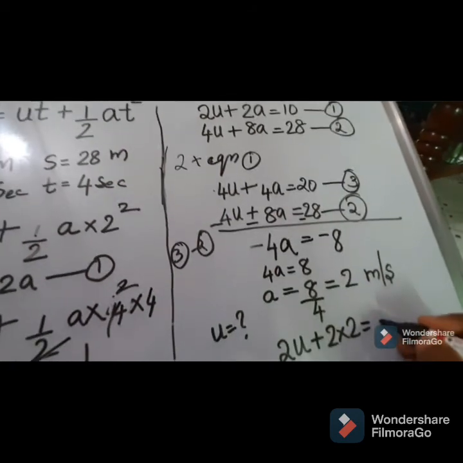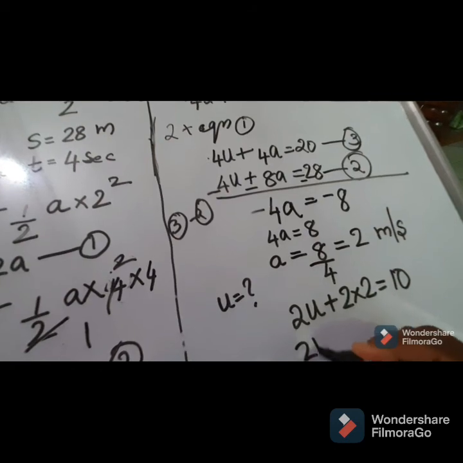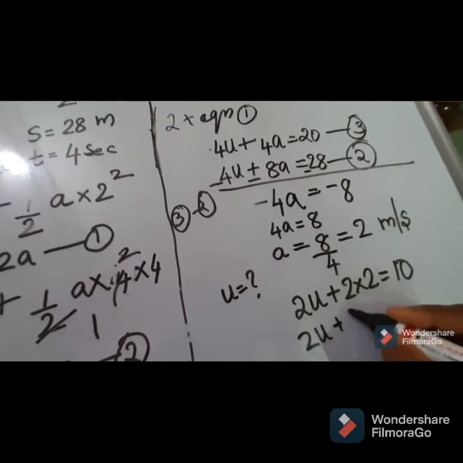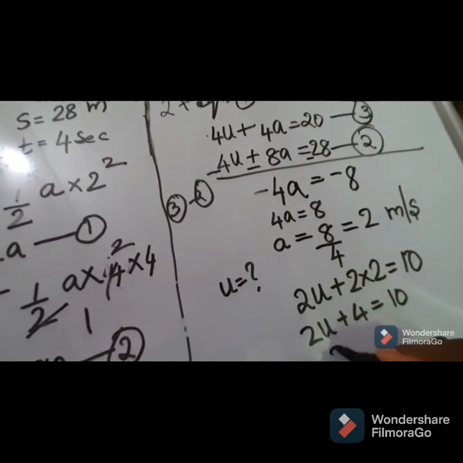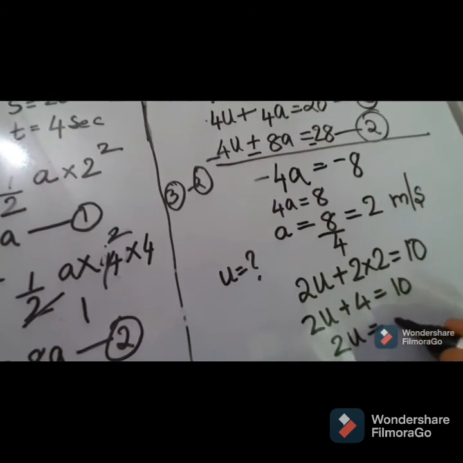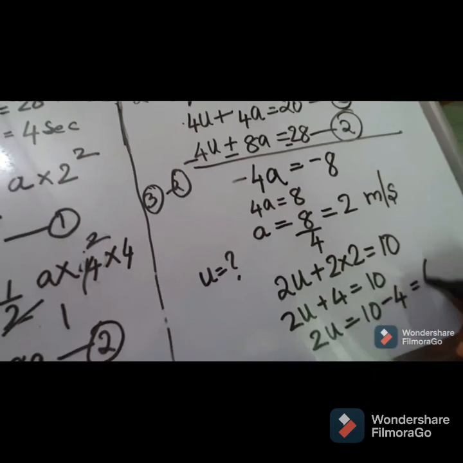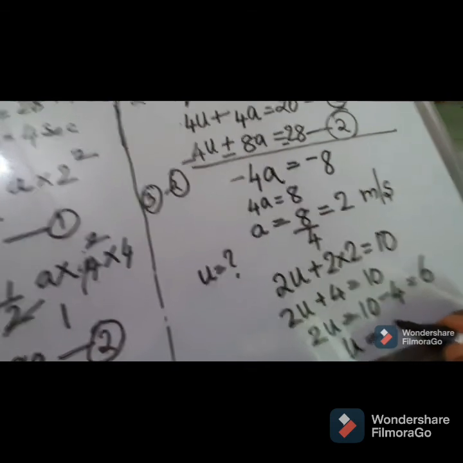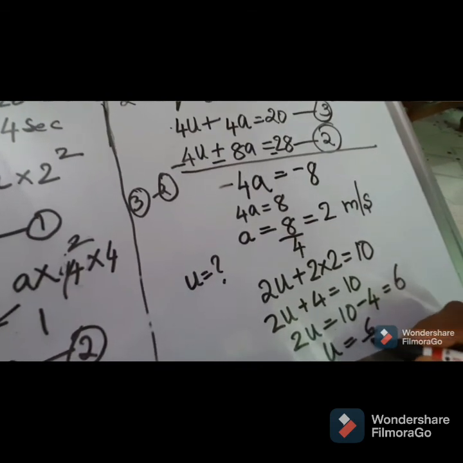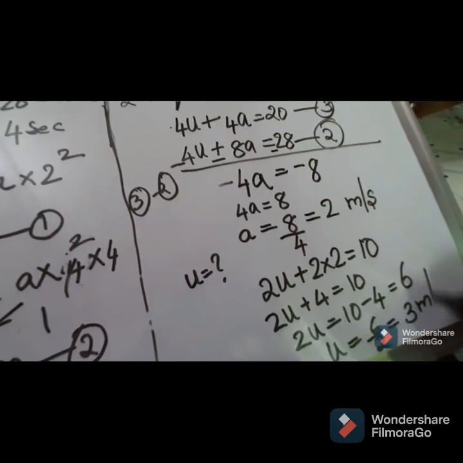Now we will get 2u plus 4 equal to 10. Now 2u equal to 10 minus 4. We will get 6. That is u equal to 6 by 2, that is equal to 3 meter per second.